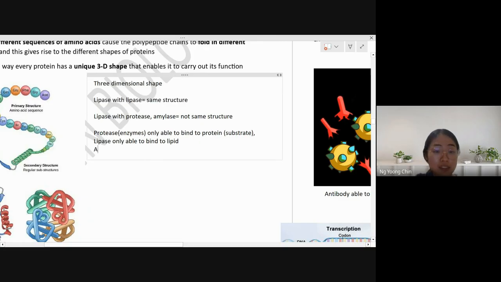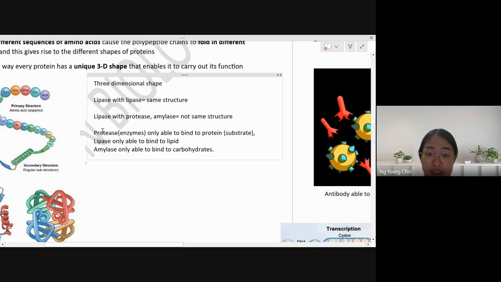And then amylase is only able to bind to carbohydrates. So protease, lipase, and amylase, definitely their structures are very, very different among the three of them. Because the structure is different, only protease is able to bind proteins.